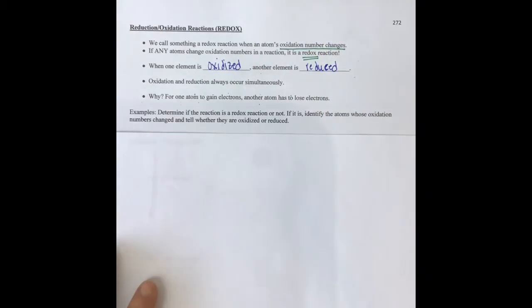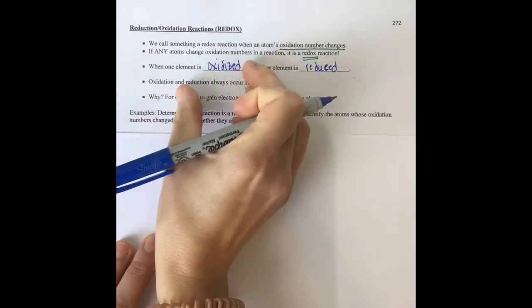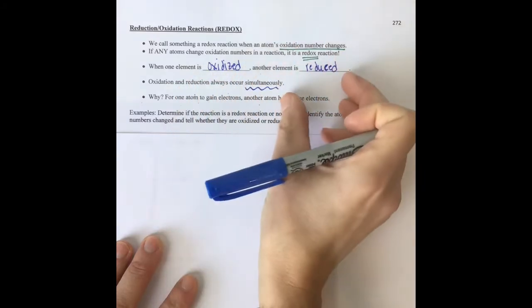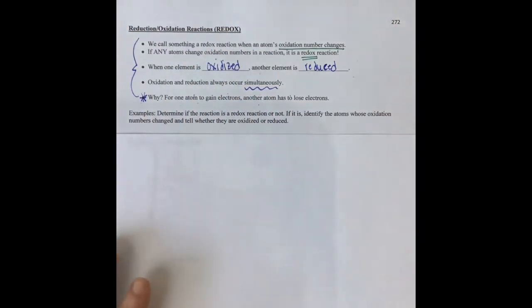These always happen simultaneously. If something is gaining electrons, well, something else must be losing them. They have to happen at the same time. And that's what I've written here. Okay, so that is the definition of a redox reaction.